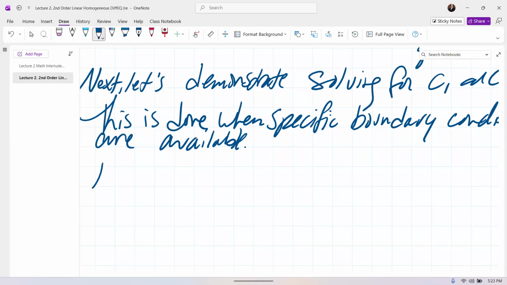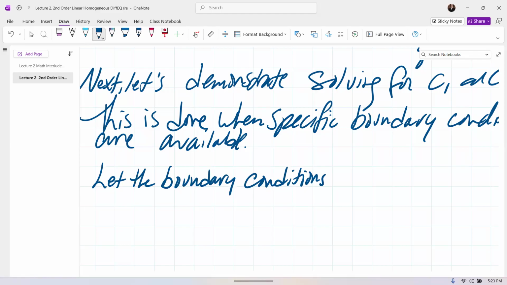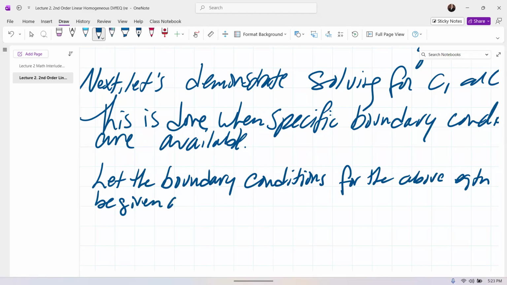Okay, let the boundary conditions for the above equation be given as y of 0 equals 0 and dy/dx at x equals 0 be 1.